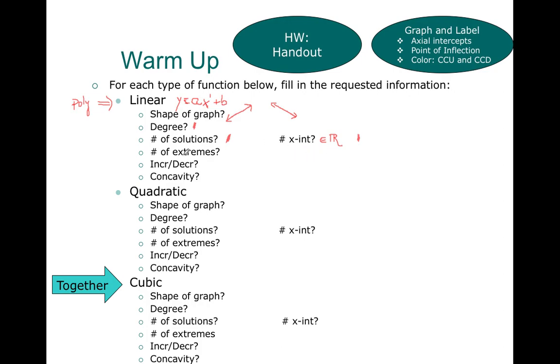How many extremes? Extremes mean turning point. How many turning points does a linear function have? 0. A linear function either increases or decreases, right? It does not do both.